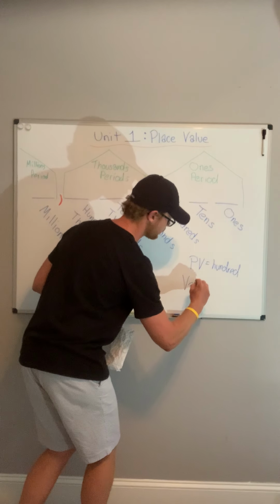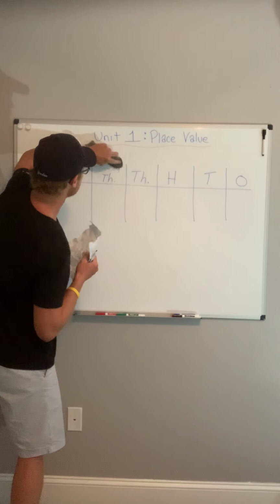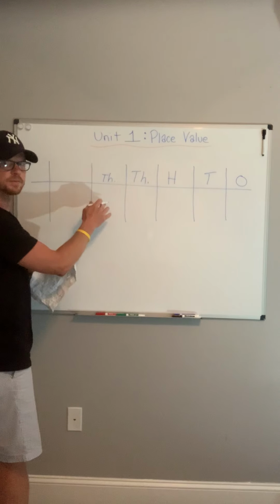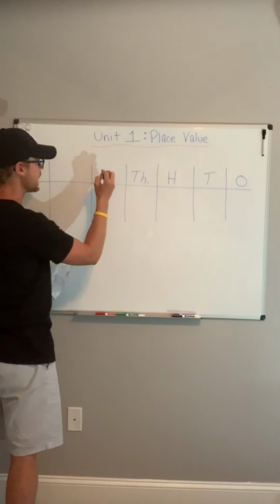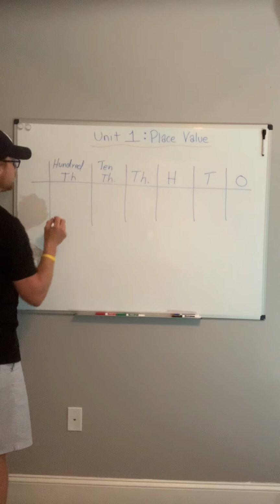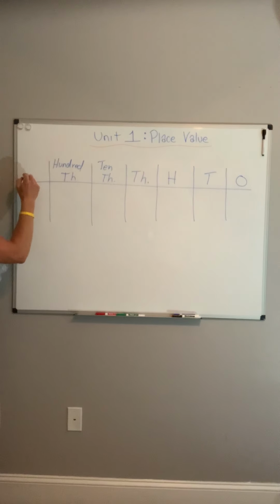Oops, I'm sorry, I messed up. And it's okay to make a mistake, but it's also okay to fix it. So thousands, what comes after 1,000? You got it, guys, the 10,000s. 10,000s place, and then the 100,000s place. We got it. And you remember the place value to the left? Remember that is the millions.